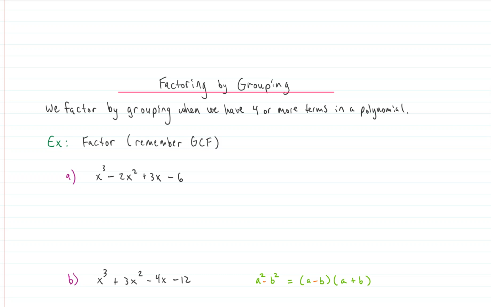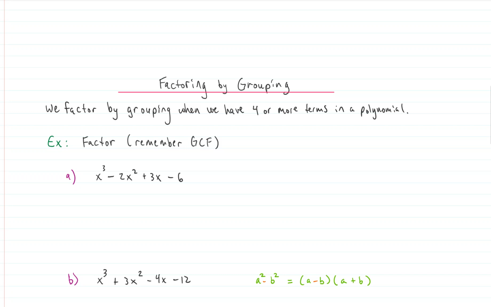And then we're going to pull out what's common in those 2 groups. So we'll try to group them in ways that make sense. And when I mean make sense, I mean we'll want to group terms with other terms that have things in common.